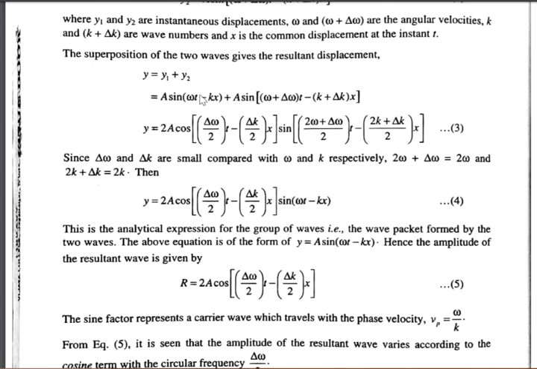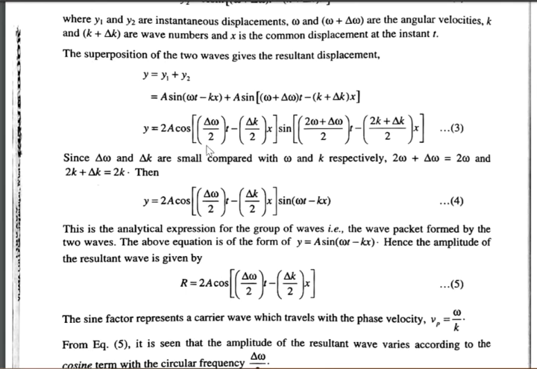Here A is the amplitude of the two identical progressive waves traveling in the same direction. After simplification, y is equal to 2a. This is of the form sin c plus sin d. After expansion, you will get this equation 3.